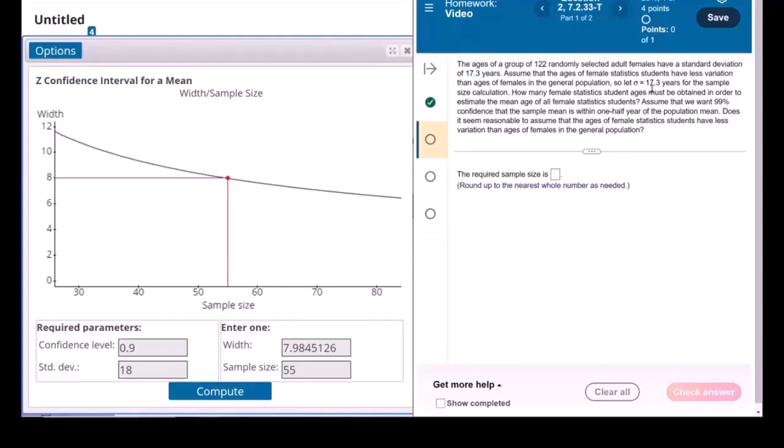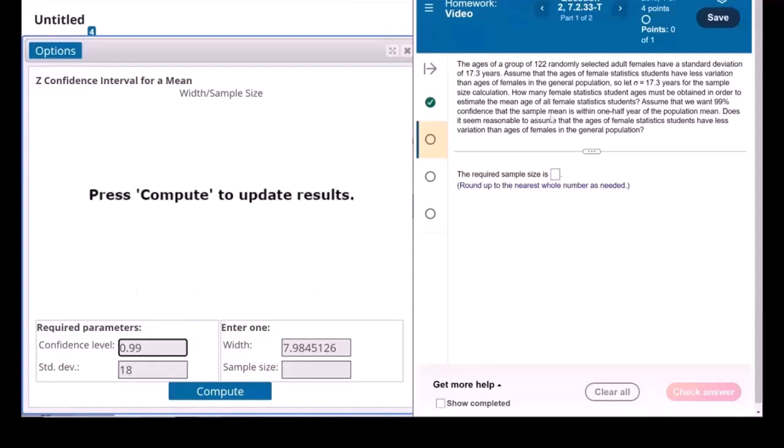Sigma equals 17.3 years for the sample size calculation. How many female statistics students' ages must be obtained in order to estimate the mean age of all female statistics students? We want 99% confidence that the sample mean is within 1/2 of a year of the population mean.